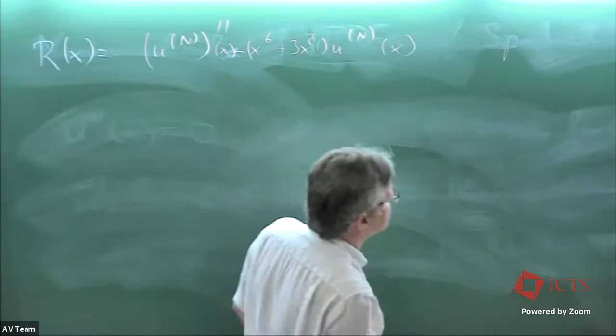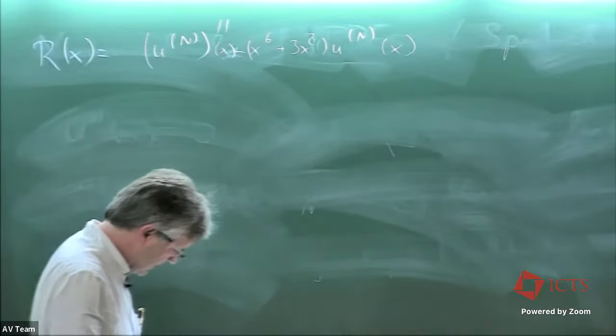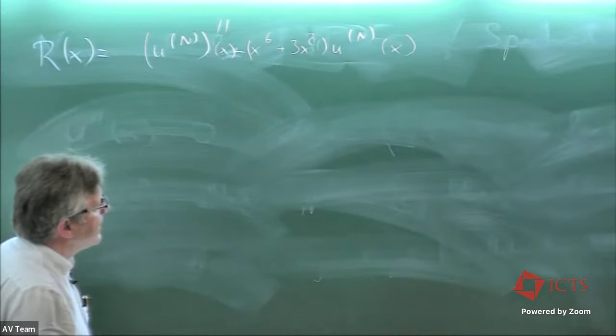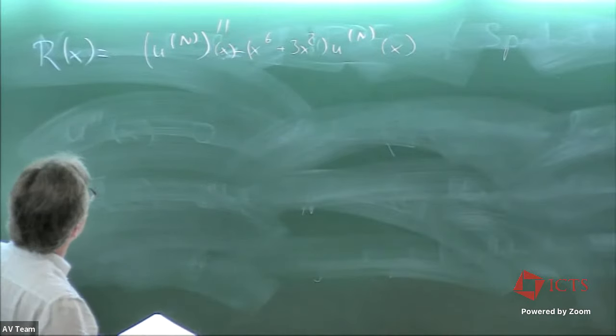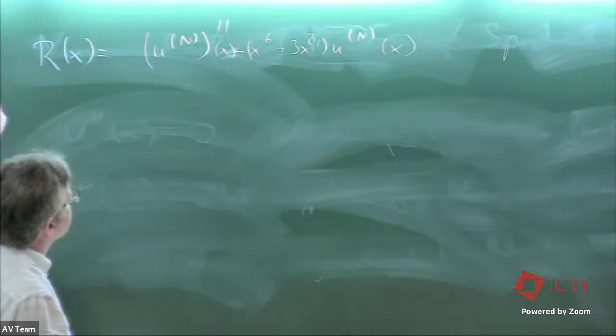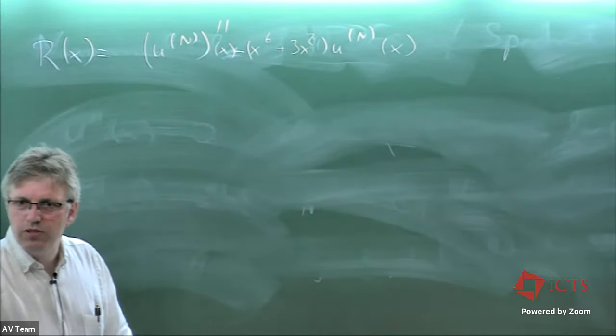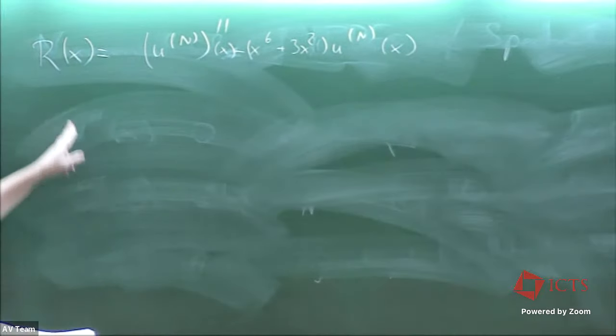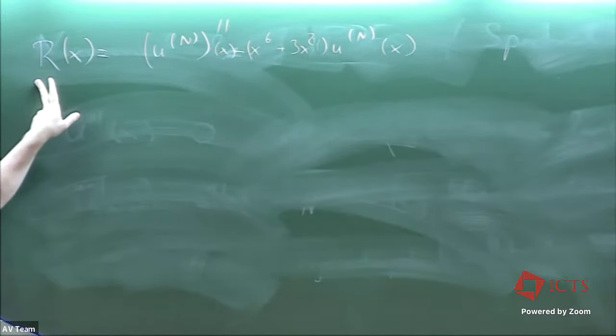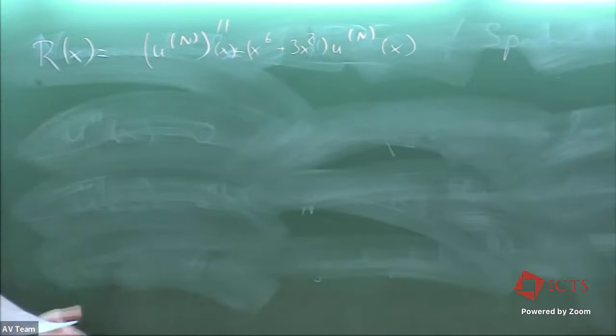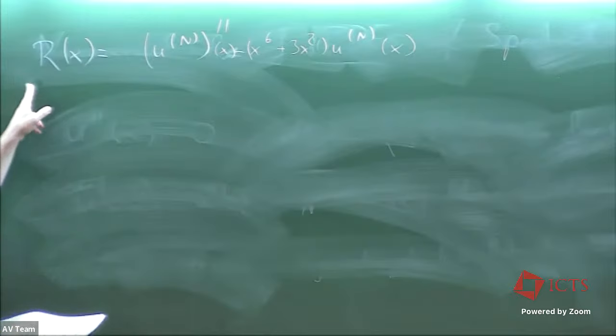So this whole thing is a function of x. And now comes the fun part. Because un is not a true solution, only an approximate one, our residual will not be identically zero, but only in some strange, weird sense to be decided on, approximately zero.